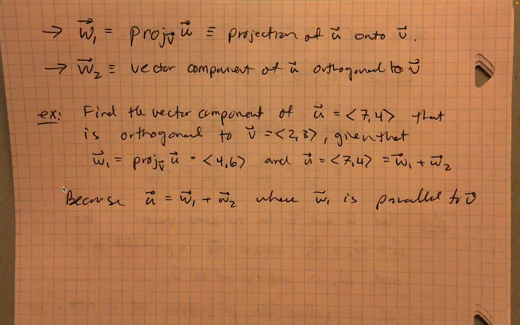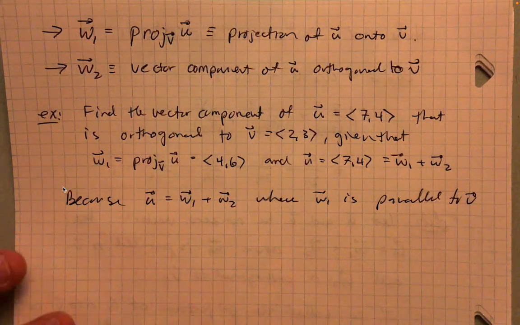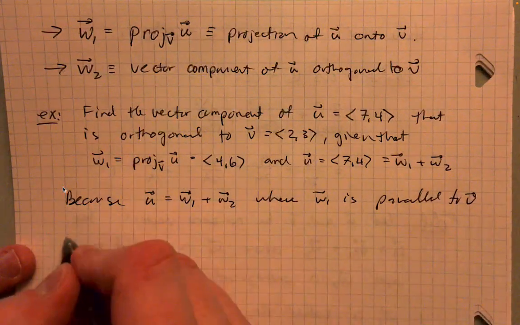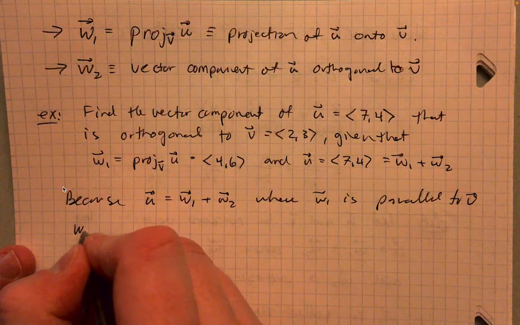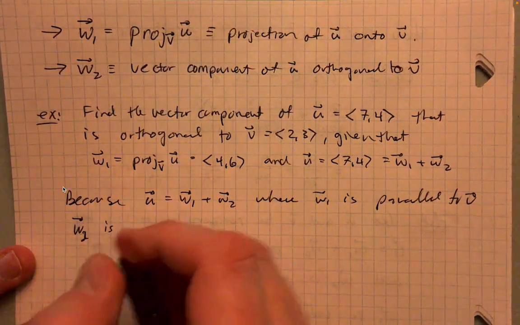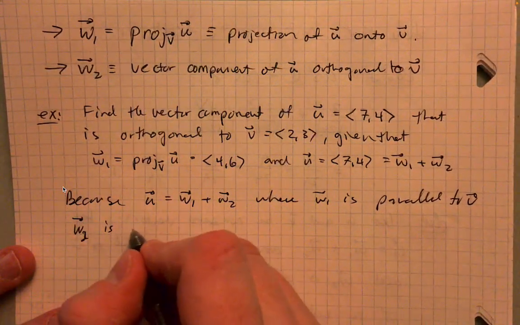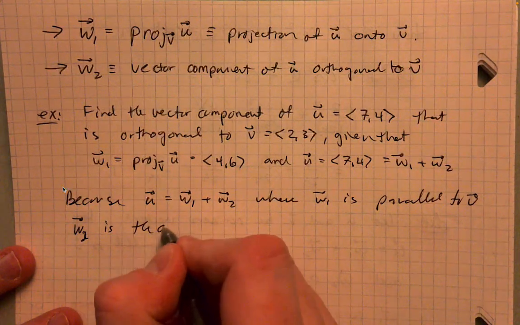Keep the picture in mind from the previous page. So it follows that w2 is just the vector component of u orthogonal to v. So basically you can do the subtraction. So because of this, w2 is the vector that is the orthogonal component.